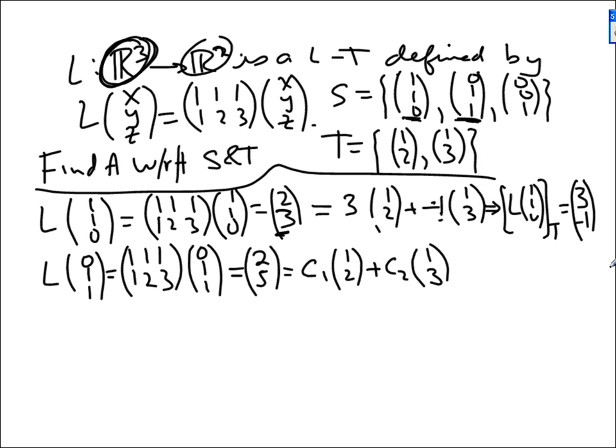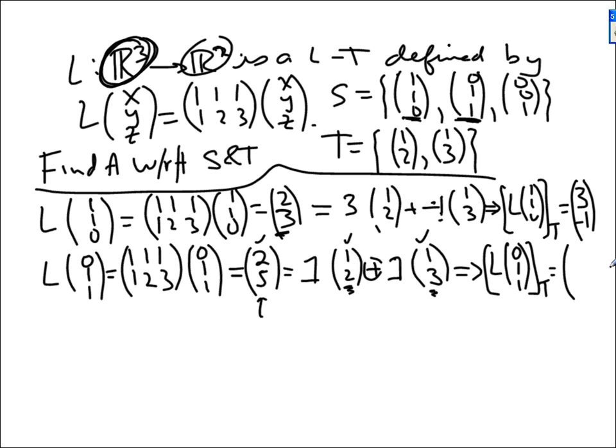And you should always spend a second or two to see if you can see it. Well, I know that 2 plus 3 is 5. Oh, what a break. 1 plus 1 is 2. That is, I just take one of vector 1, 2 plus one of vector 1, 3. Sometimes you can hit on it. So that tells me that the coordinates of L of 0, 1, 1 with respect to the basis T is 1, 1.